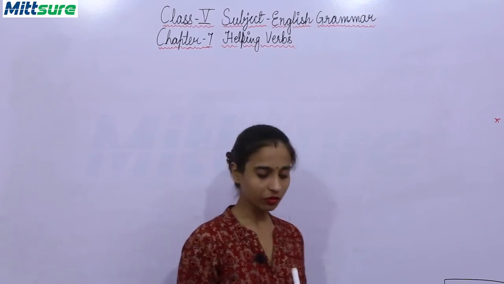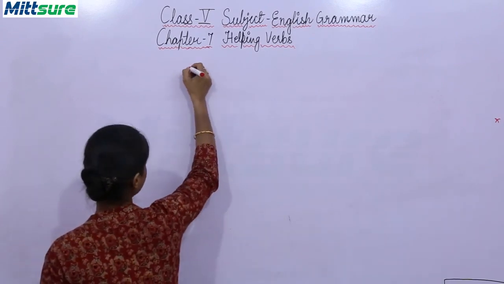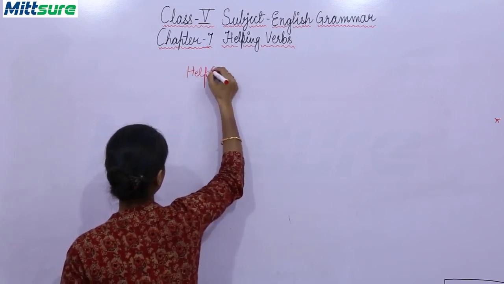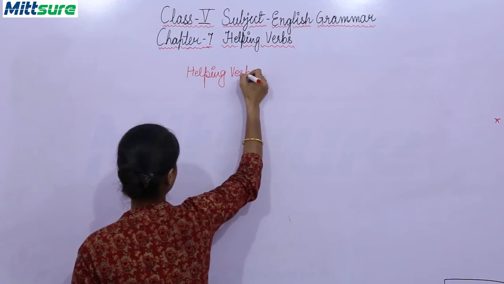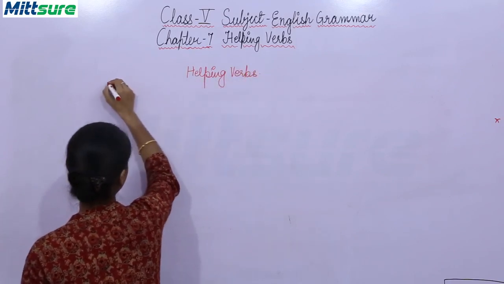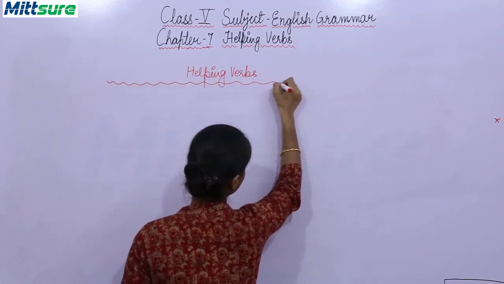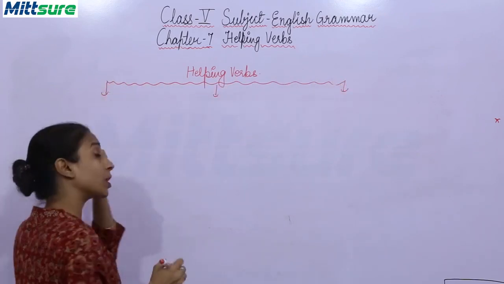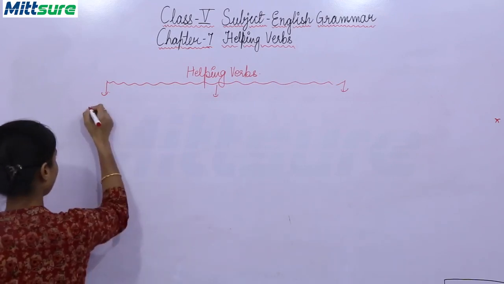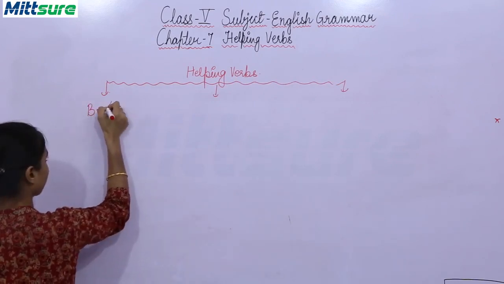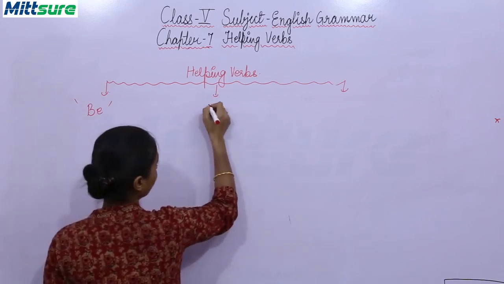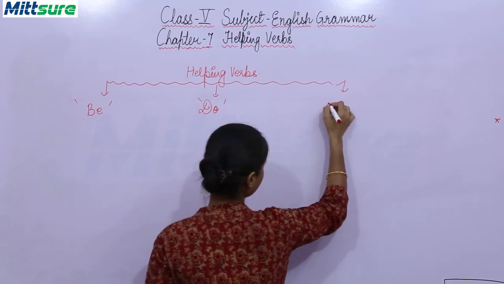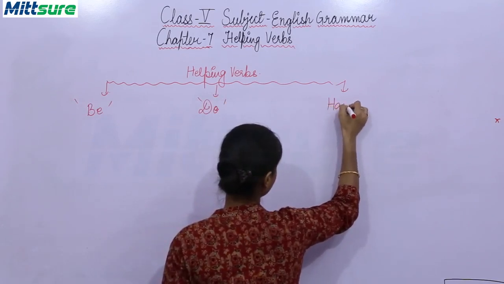Now, helping verbs are of three kinds. They are first, be form of verbs, then do form of verbs, and then have form of verbs.